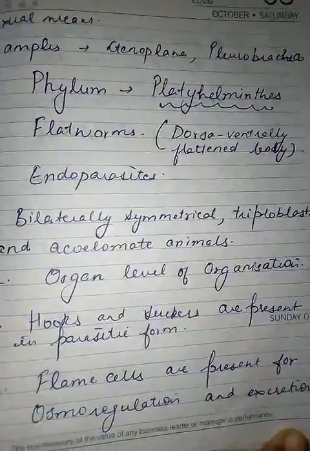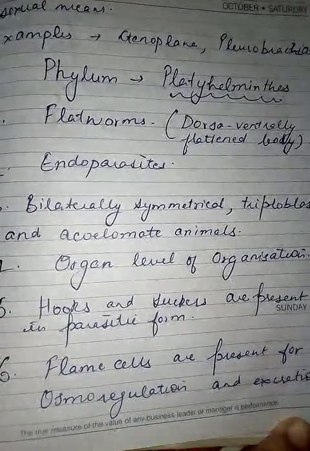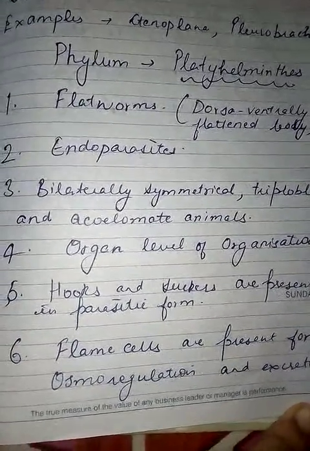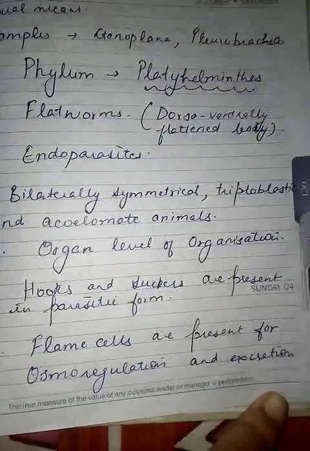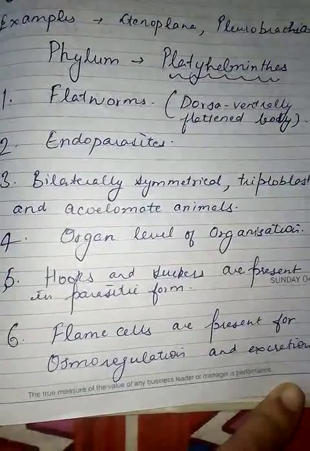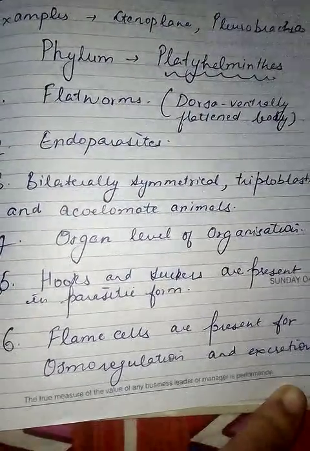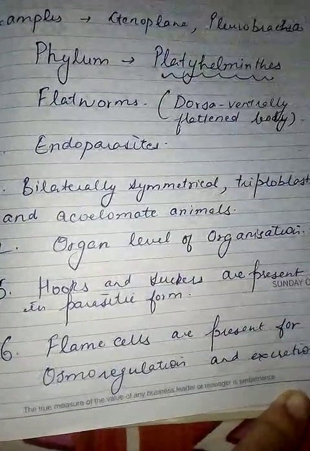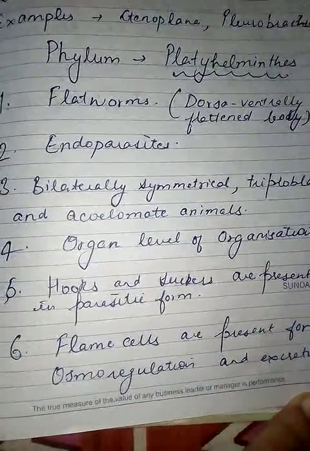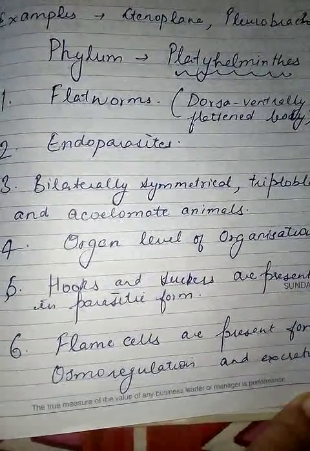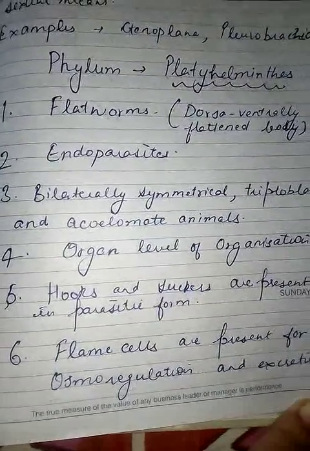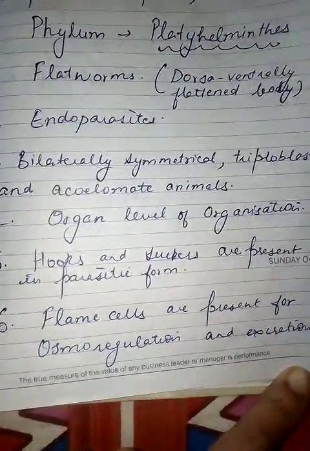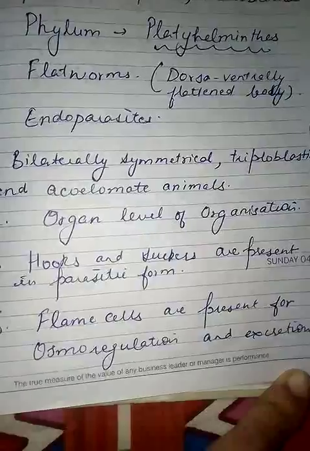Then they are bilaterally symmetrical, triploblastic and acoelomate animals. Acoelomate means the body cavity is absent.